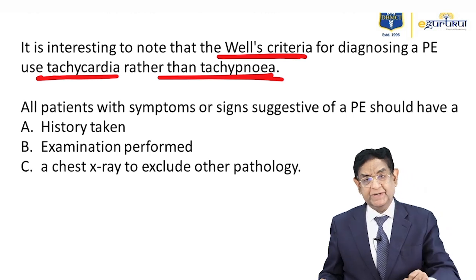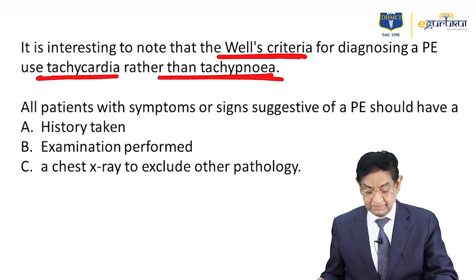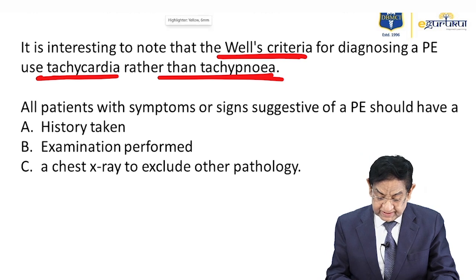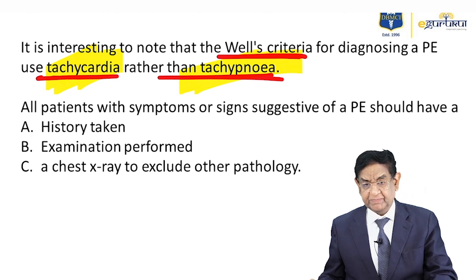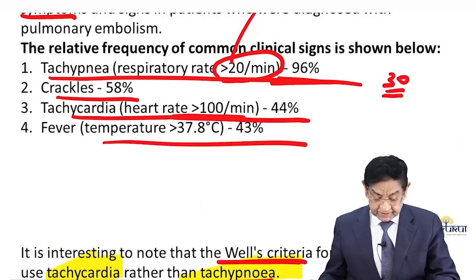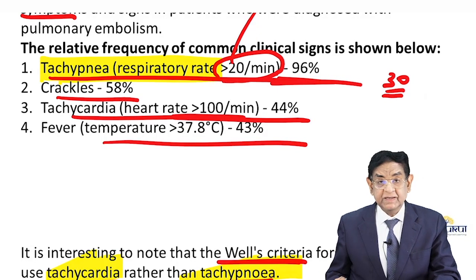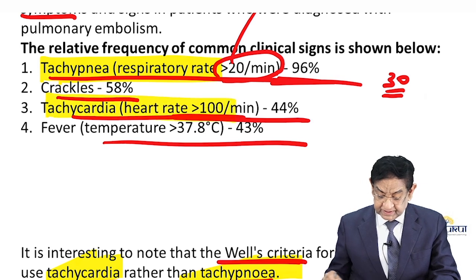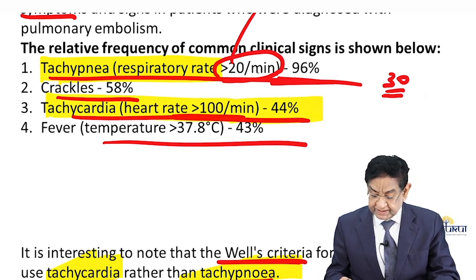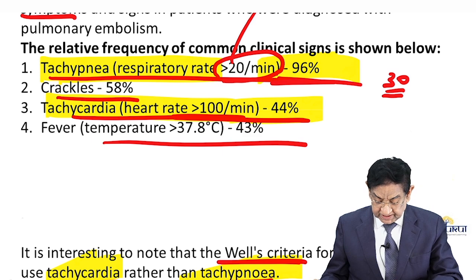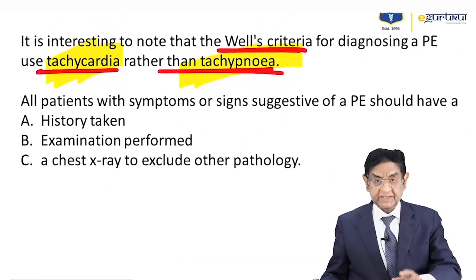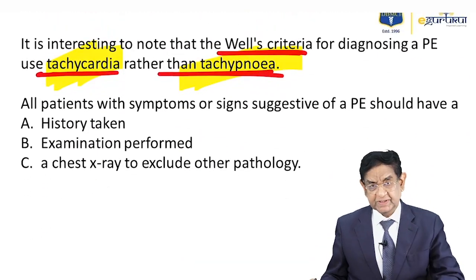Point to be noted. Here he is talking about tachypnea, and tachycardia is 44% versus 96%, but still Wells criteria uses tachycardia as a feature. Understood?